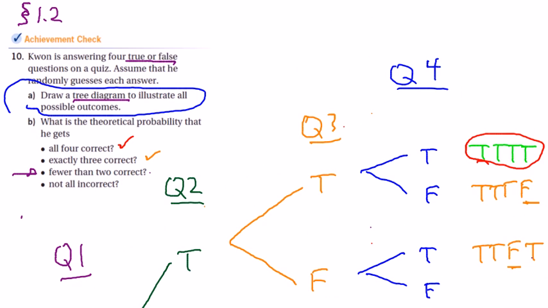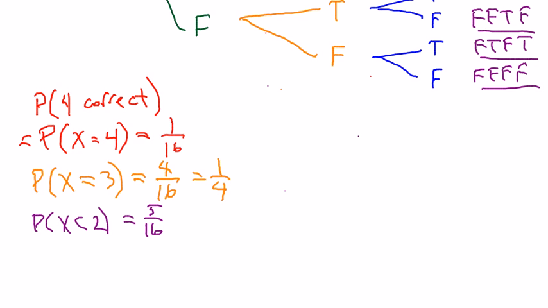So finally, we have not all correct. Well, we've kind of already done the legwork for this because we've done all correct, right? So not all correct would be all the other options. In other words, every case except the first one is where he gets some wrong or not all correct.